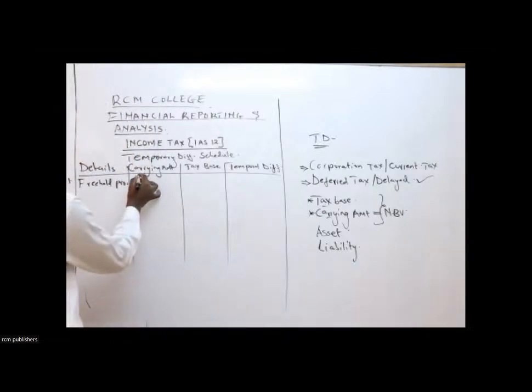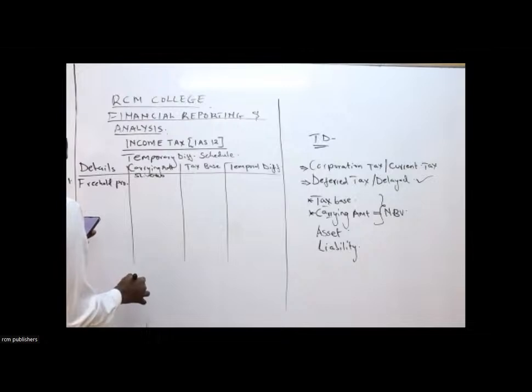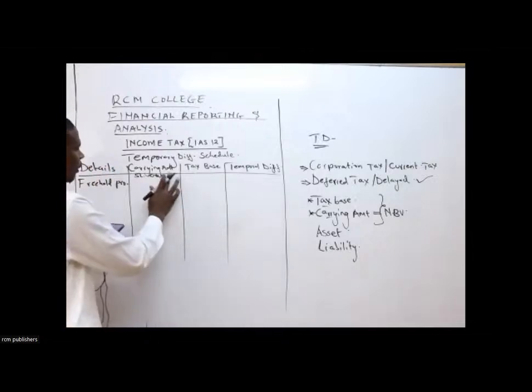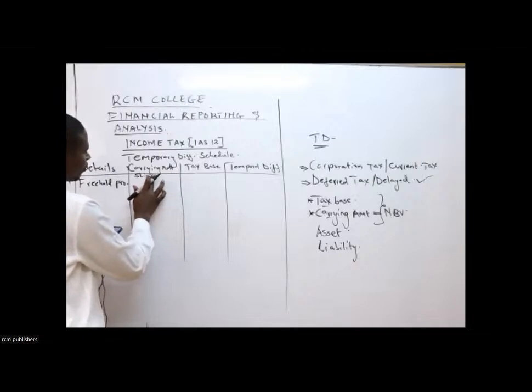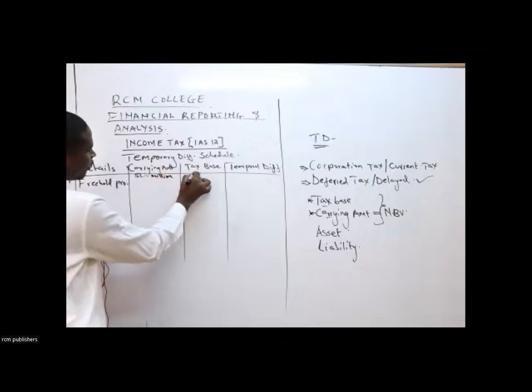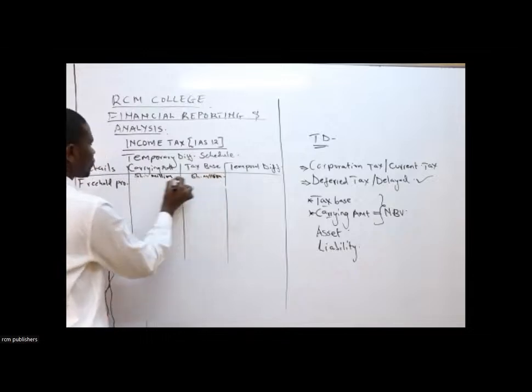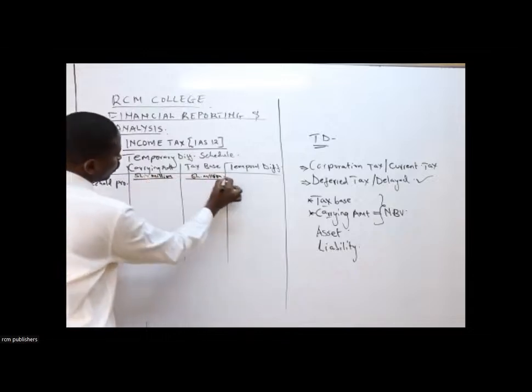In fact, now if I put my shillings here, is it in thousand or in million? They have given me in million, so it will be easier if I put my figures here in million. Shillings in million, so that I'm able to work on this.